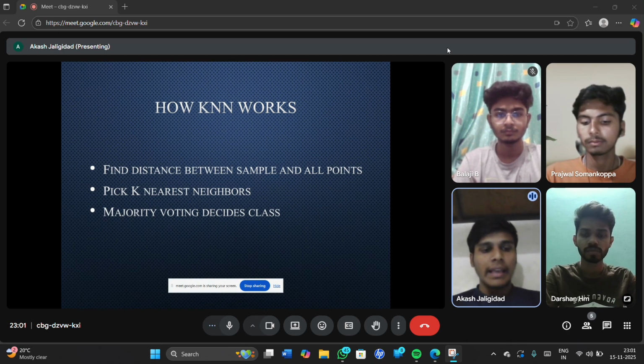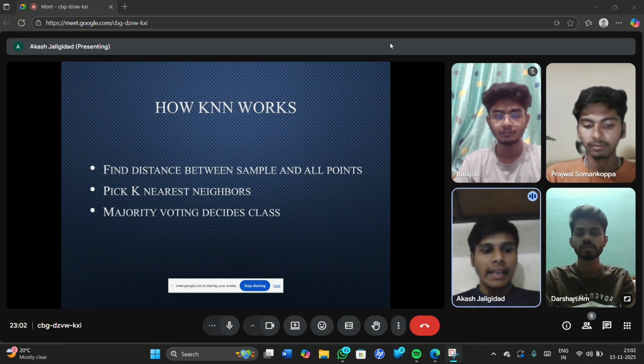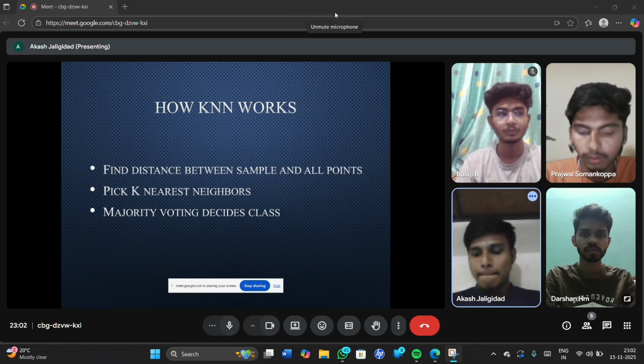Then we select the K closest neighbors. Finally, KNN checks which class is most common among those neighbors and assigns that class to the new sample. This is called majority voting. Because of this simple mechanism, KNN is easy to understand and implement. Next will be continued by Balaji.